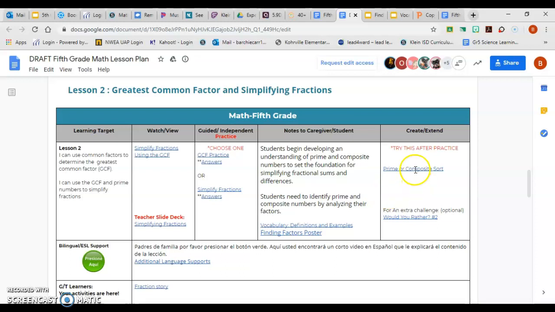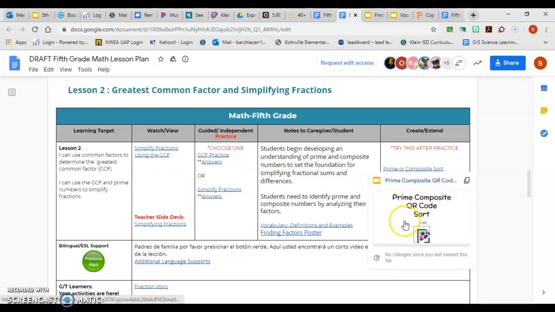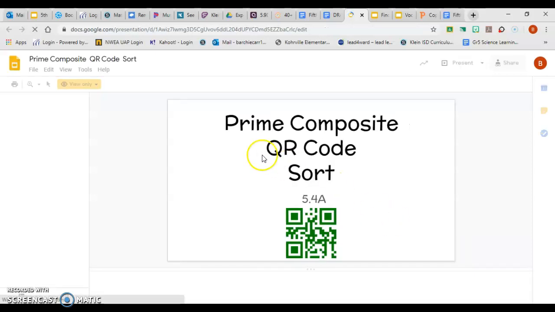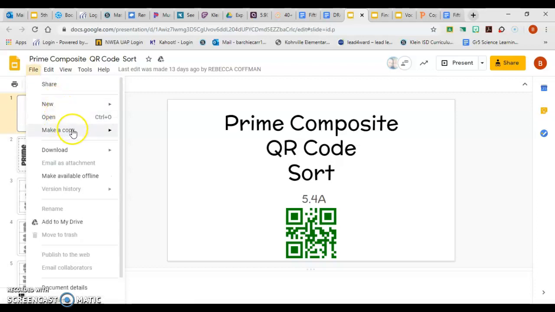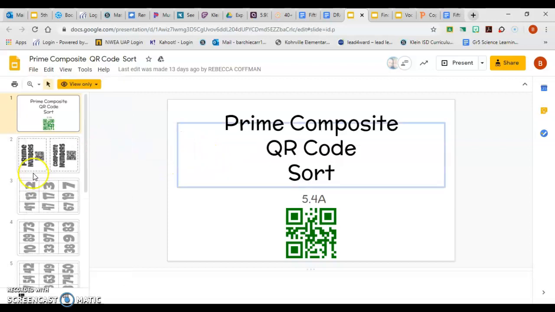All right, guys, then when you're done with that, you're going to come over here to this prime and composite sort. And don't forget that very first thing you're going to do is hit File, make a copy. And you can do the entire presentation or the selected slide. Just make sure if you're doing one slide only that you are actually on the slide that you want before making a copy. Otherwise, it makes a copy of this first slide. Like, who wants that?